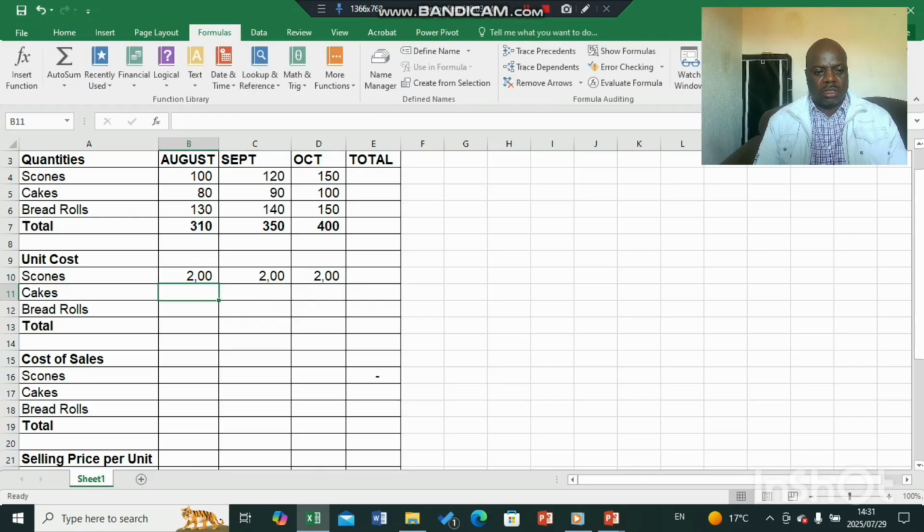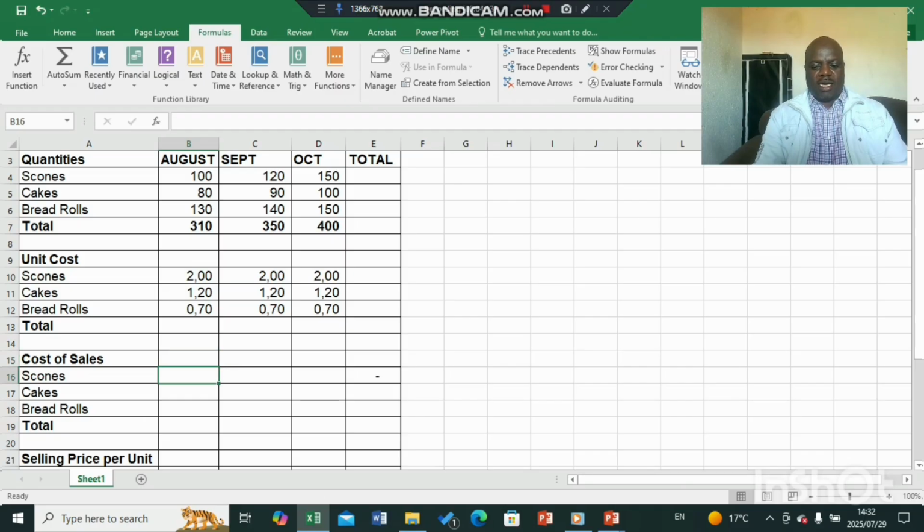And your cakes, suppose they cost you 1.20 to make. And your bread rolls, suppose they cost you 70 cents to make. That's your bread roll per unit.